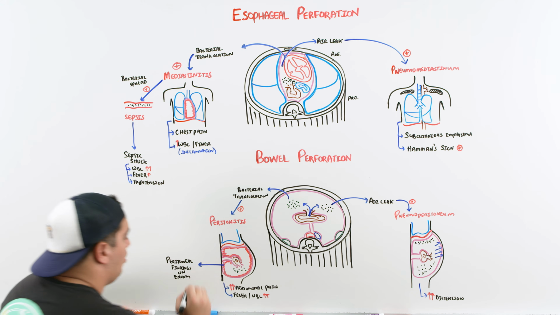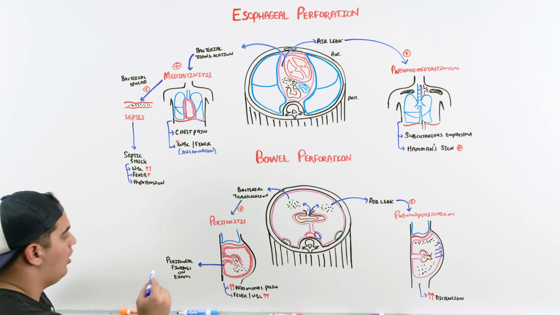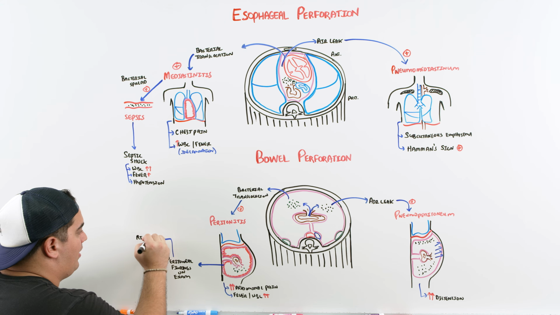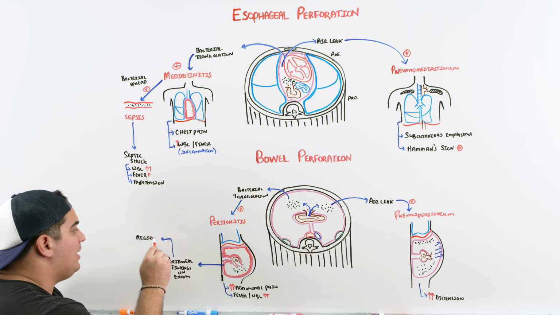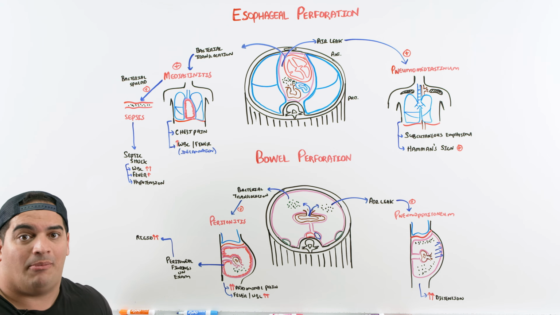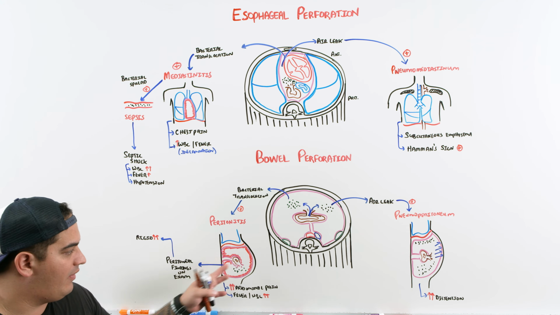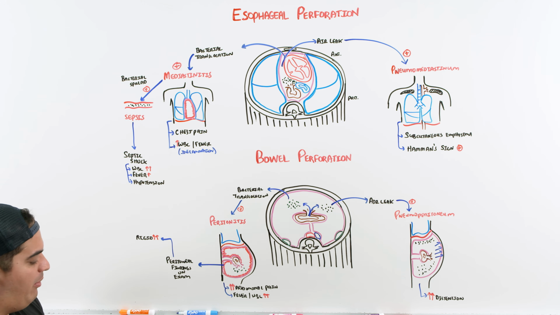There are a couple different ways we look at this, and it's really important that you know these. One is that these patients will have a very rigid abdomen. Their abdomen will be very, very rigid because it's so taut from the pain and the inflammation of the peritoneum, which is causing a lot of pain. And this causes the abdomen to be super rigid.